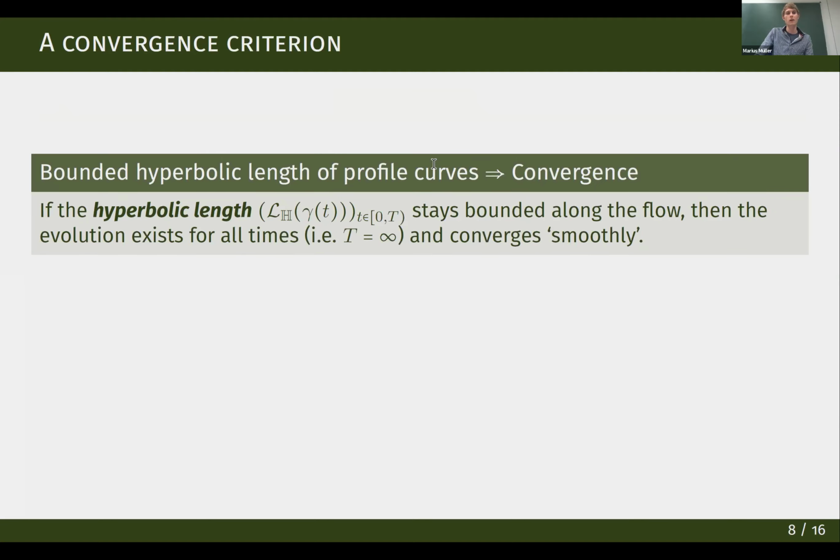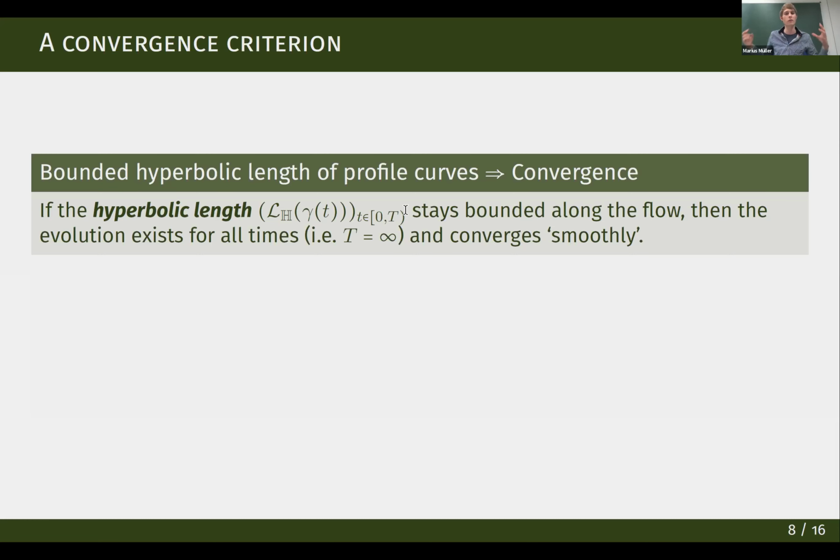And indeed, we could prove the following convergence criterion. It's natural now that you have a hyperbolic quantity here: if the hyperbolic length of the curve, which I will define in a minute, stays bounded along the flow, then the evolution of this flow exists for all times and converges smoothly.